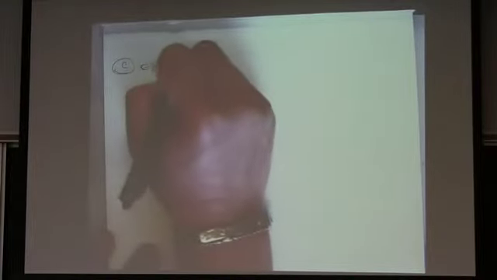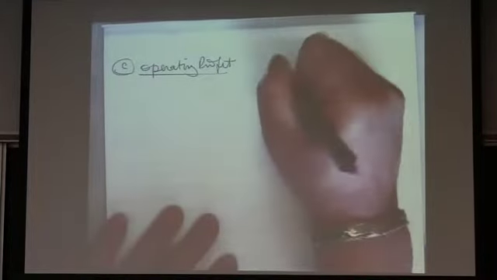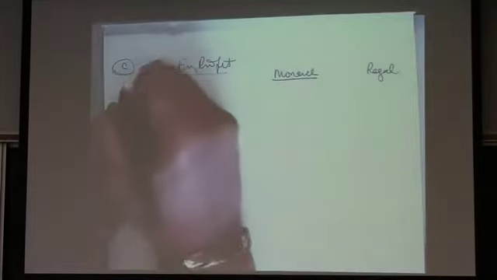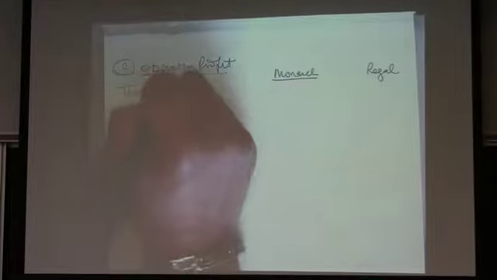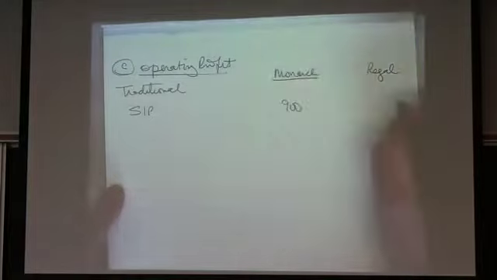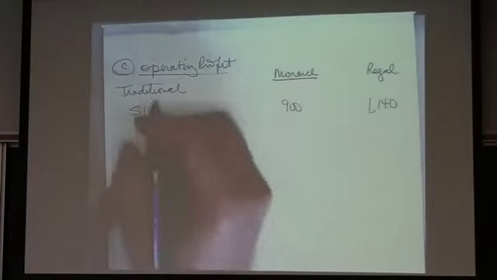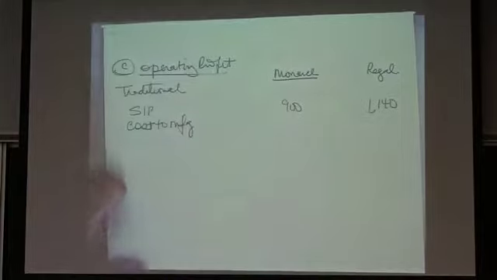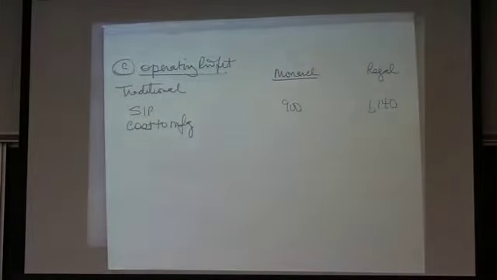So the operating profit, and again I'm going to use the two columns, Monarch and Regal. Under traditional, the profit is selling price is 900. This is 1,140. Okay, the cost to manufacture, and we saw that to be 570.